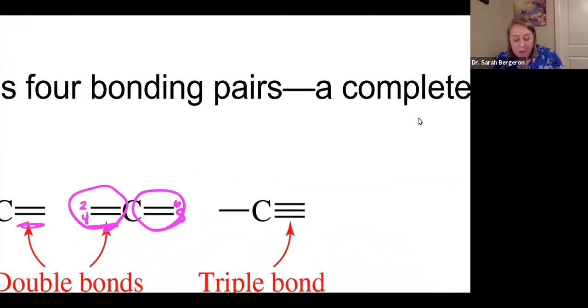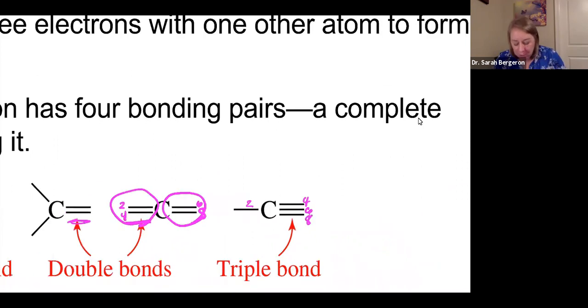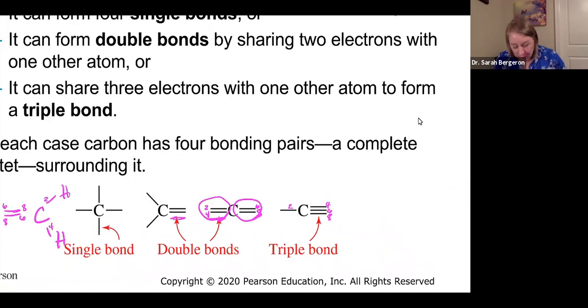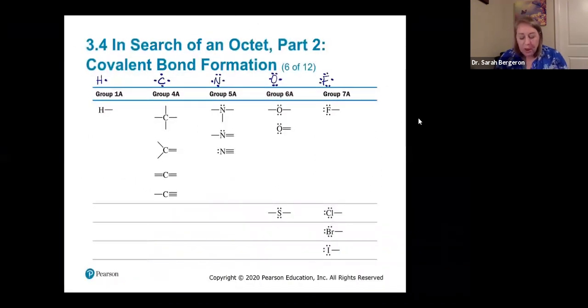And the third way you could do that is with 1 single bond, so that's 2, and then a triple bond. 2, 4, 6, 8. So we have a complete octet. Remember, a line counts as 2 electrons and they're being shared. Okay, so how do other elements do it, right?